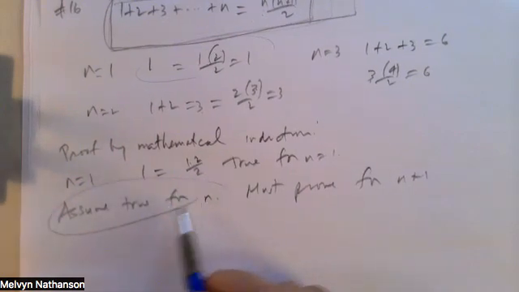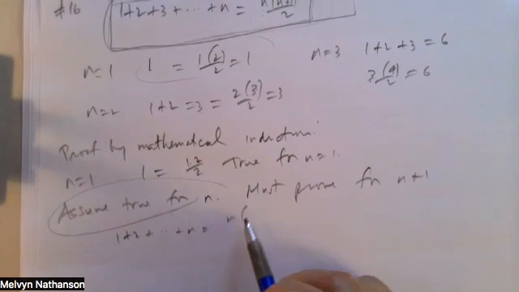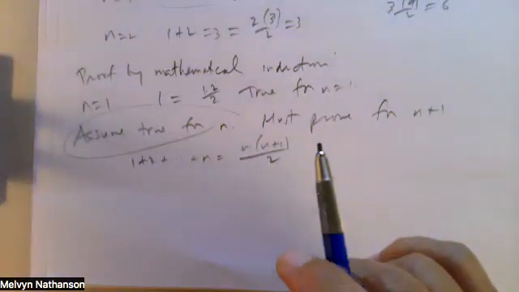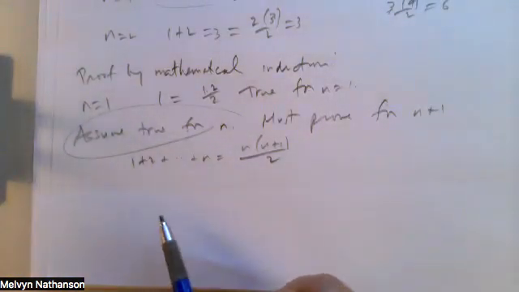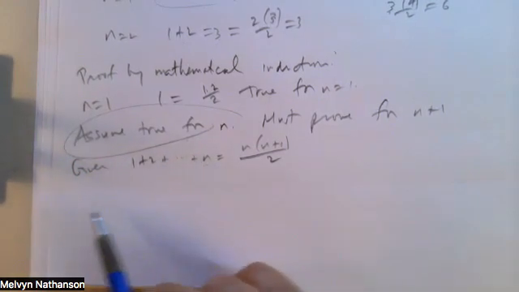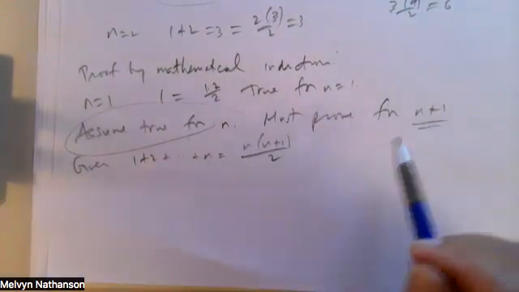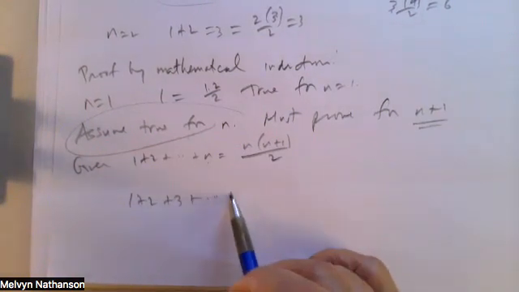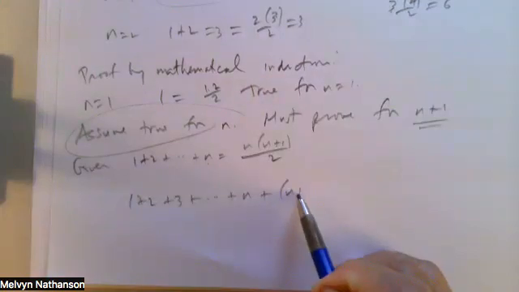So if it's true for n, this means 1 plus 2 up to n equals n times n plus 1 over 2. This is given for a particular n. What does it mean to prove it for n plus 1? You take the sum of all the numbers up to n plus 1.